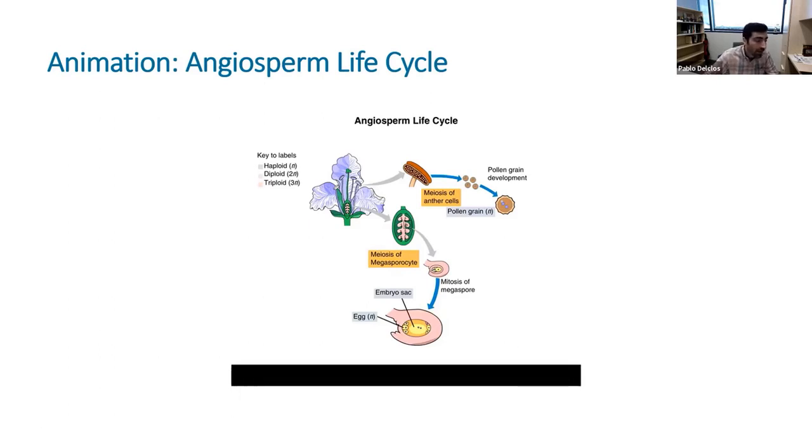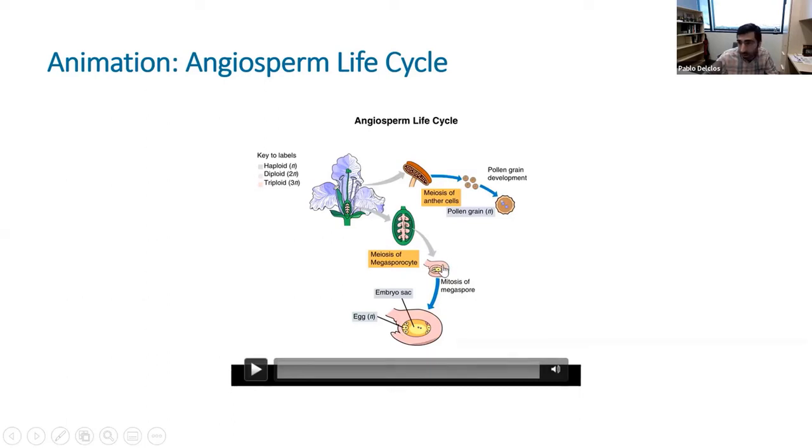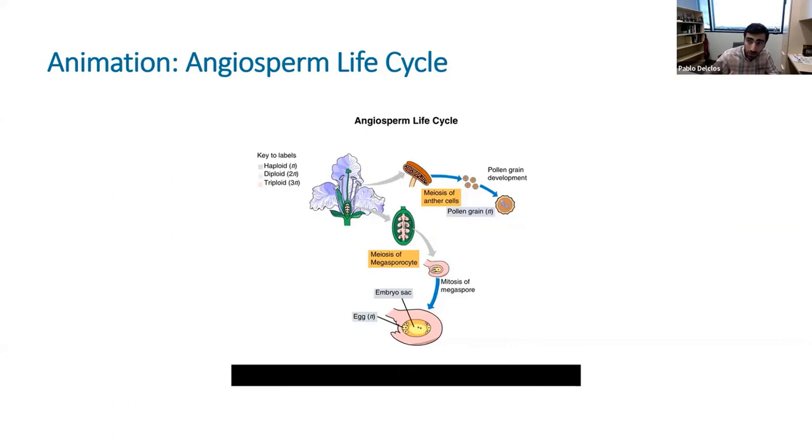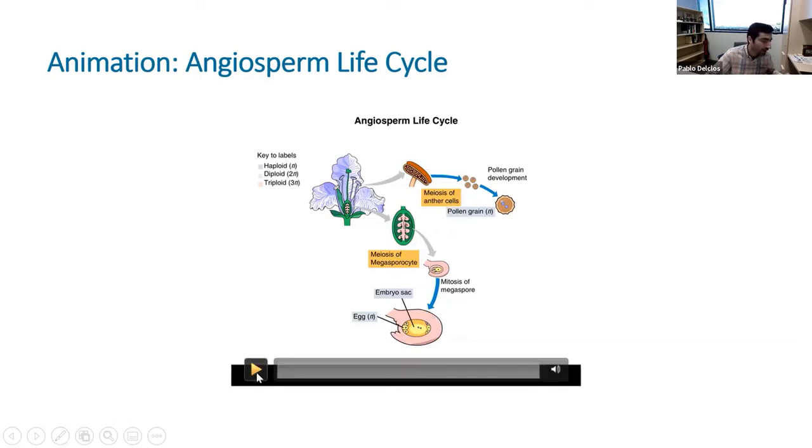So try to keep track of certain vocab terms and whether they are in a haploid or diploid phase, as well as whether or not they undergo meiosis or mitosis. And then lastly, you want to see if it corresponds to male organs or female organs, the analogs in plants. So let's take a listen to this one first.